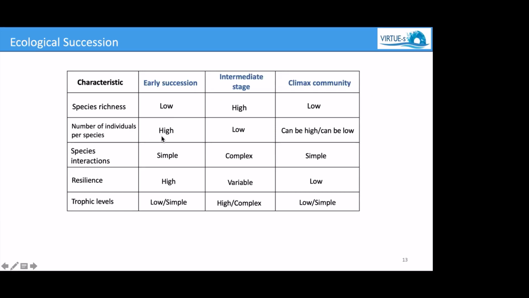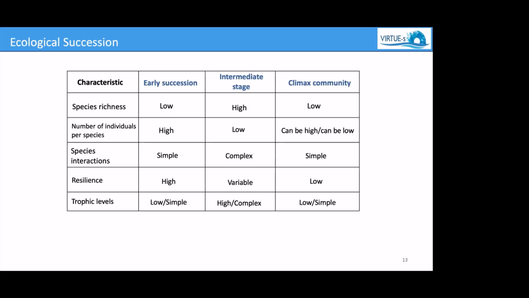Now, the number of individuals per species in the early succession is high because, of course, there are fewer species, so the species can produce more individuals. And the one thing we should consider on the disk, the most important and most limiting resource, is space. The disk is very limited, so it can only support a limited number of species and individuals.